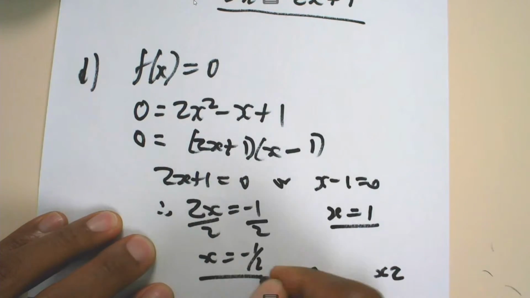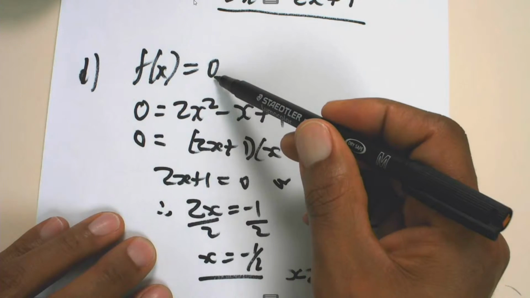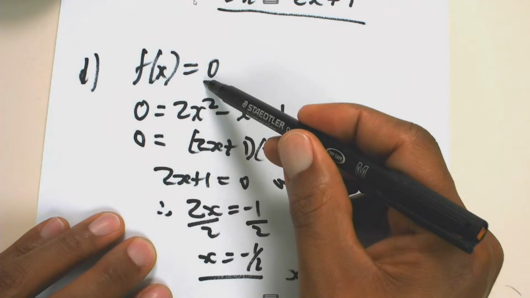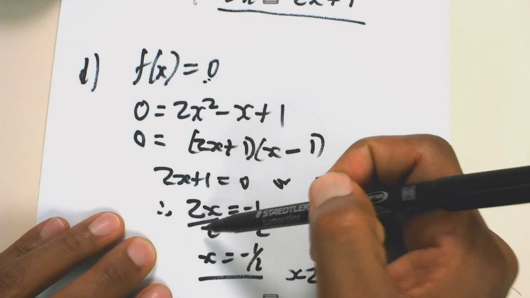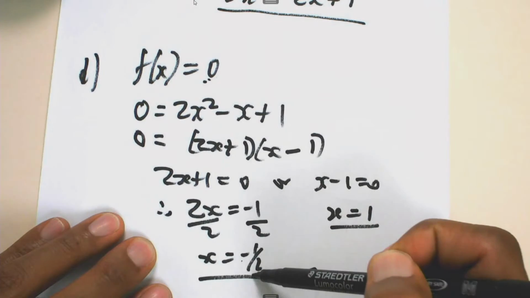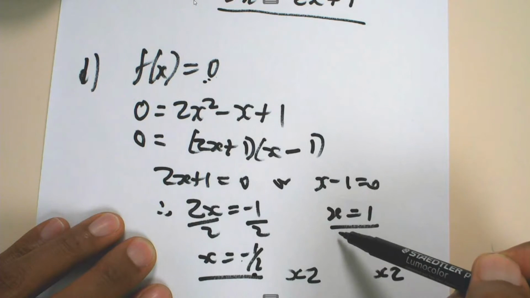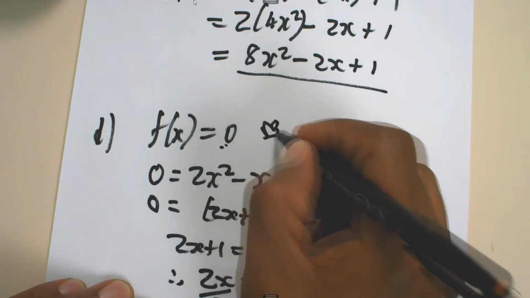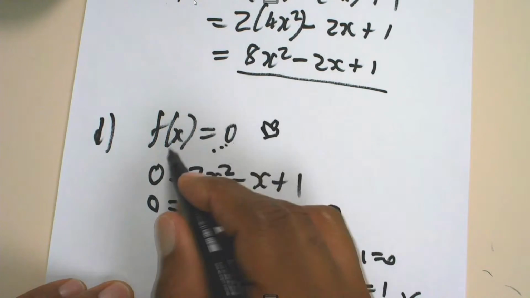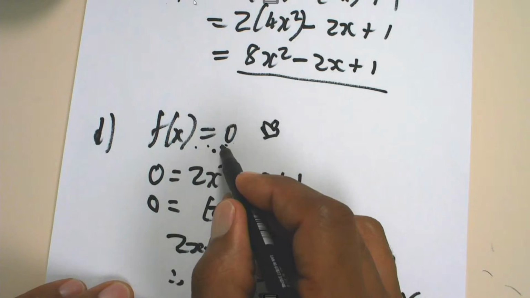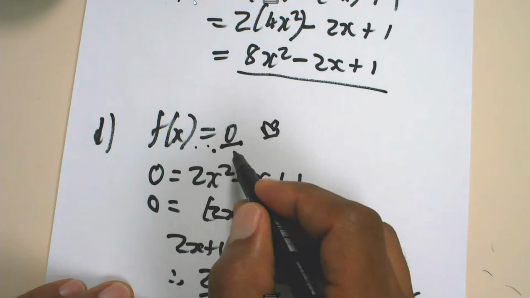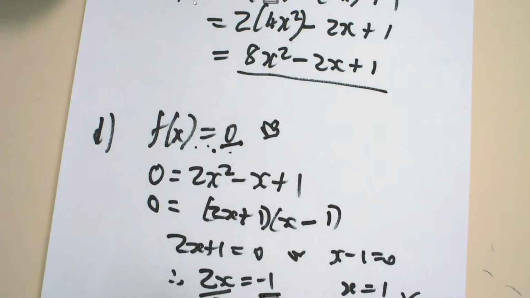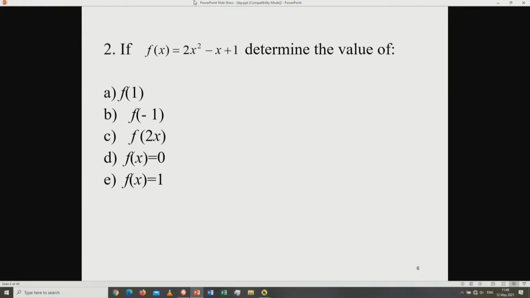Then it means when y is 0, we've got two values of x. The first one is x is equals to negative 1 over 2, and the other one is x is equals to 1. Very important: f at x is equals to 0, f at x is equals to 5, it means the 0 represented the y, the 5 represented the y. Take note of that. Okay.